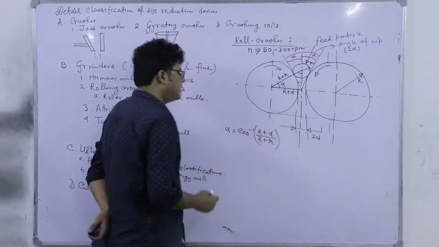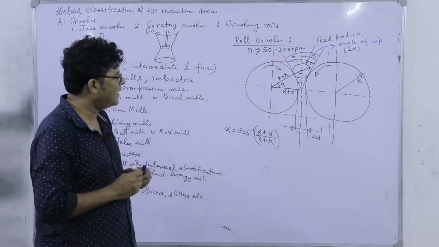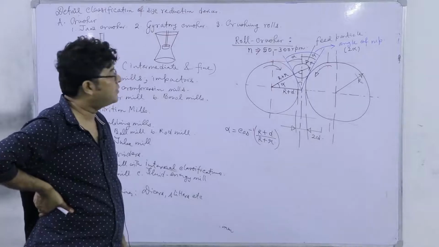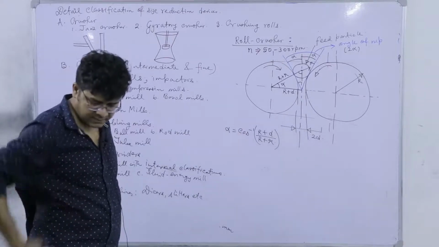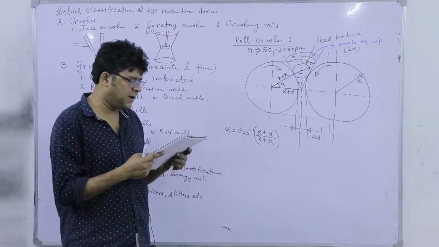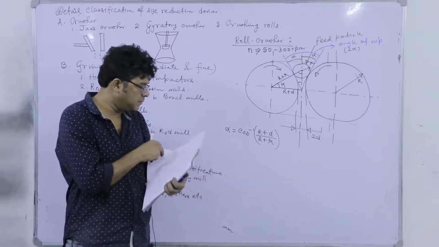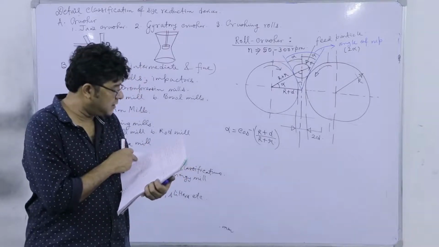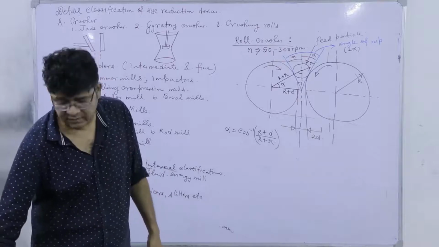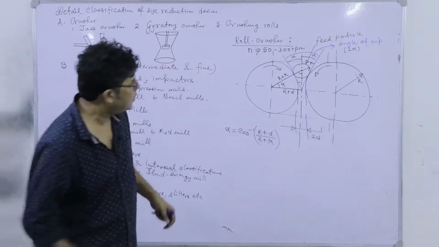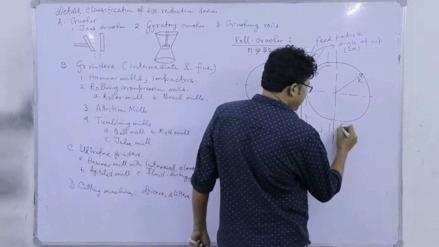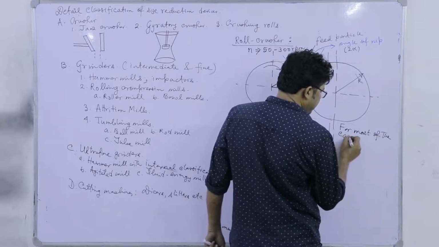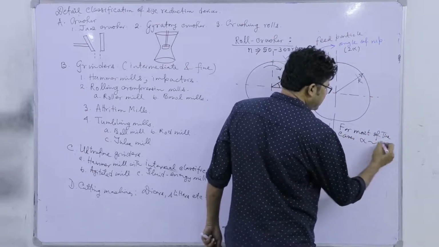So, once you know the opening size, the size of this particle, and the size of the roll, you can actually calculate this alpha. But generally what happens is that alpha is mostly uniform, and the value is around 16 degrees, which means the angle of nip is around 32 degrees. So, for most of the cases, alpha is around 16 degrees.